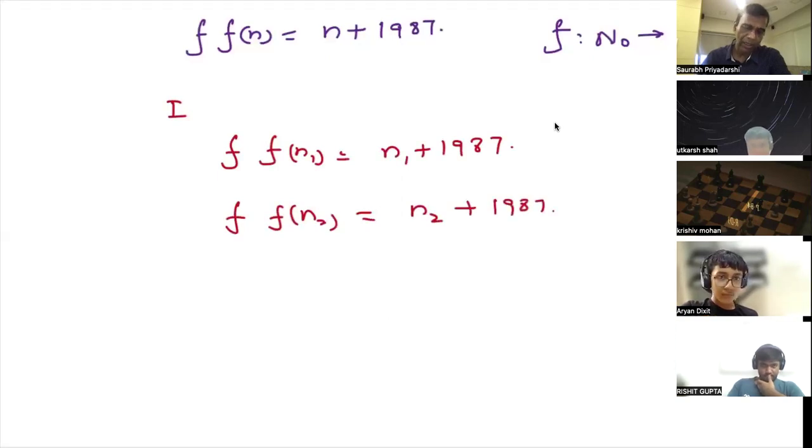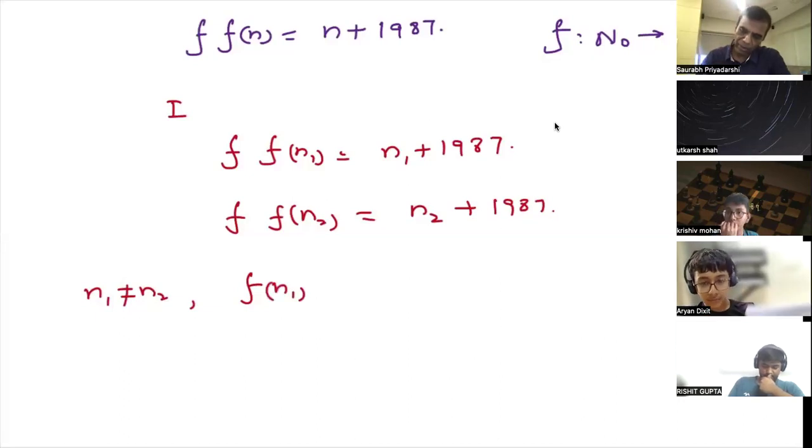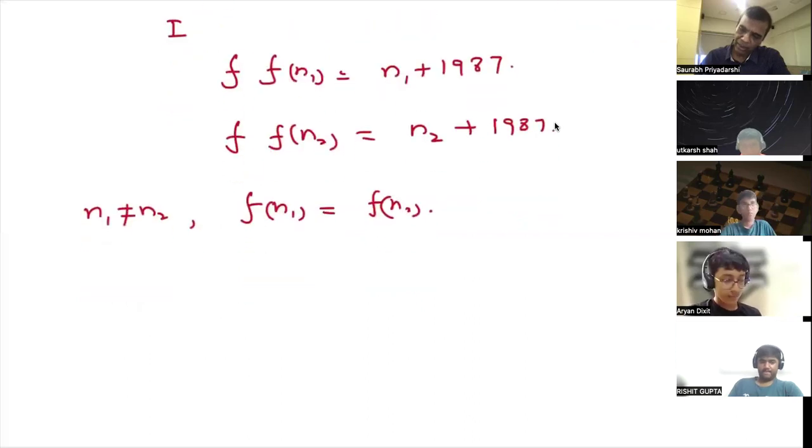Let n1 is not equal to n2, but f of n1 is equal to f of n2. So if both are equal, both are taking the same value, f of n.